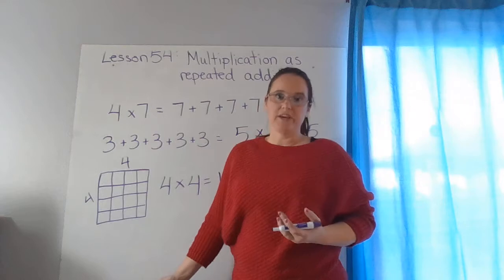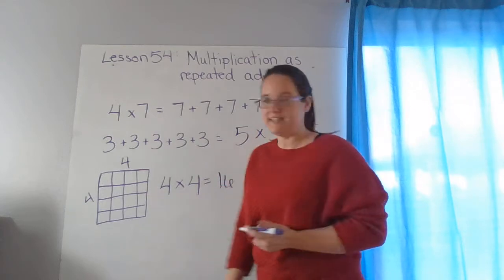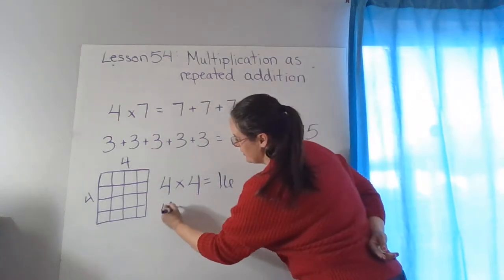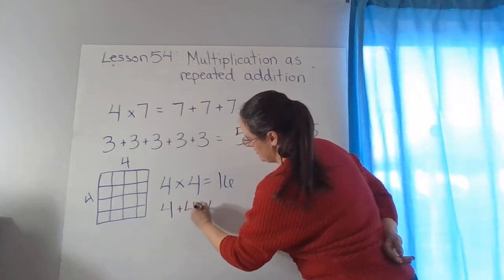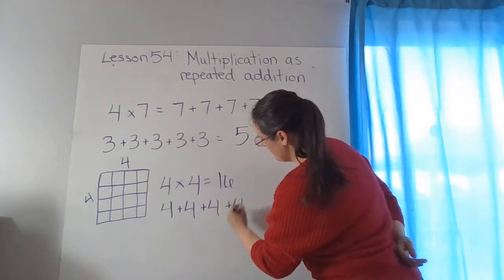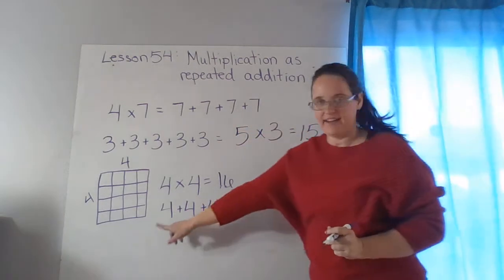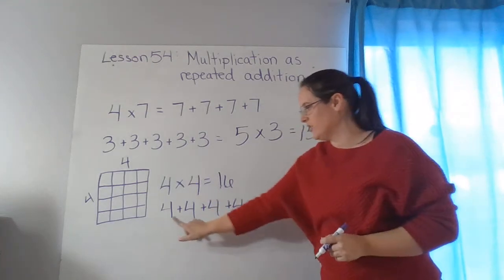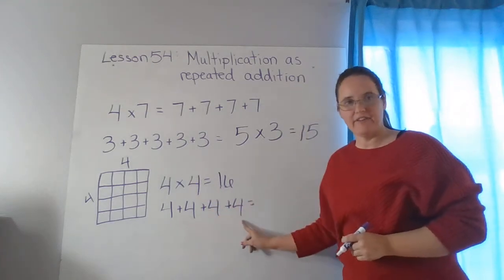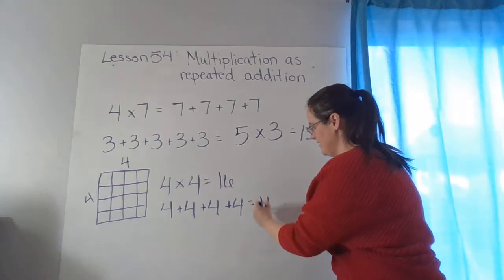Now at this point, we could also use repeated addition to say 4 plus 4 plus 4 plus 4, and then I'll do my counting by 4, 8, 12, 16.